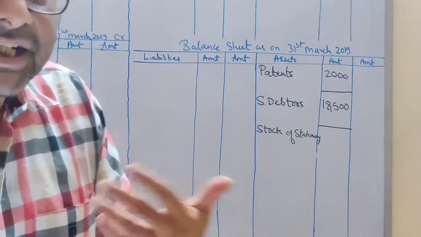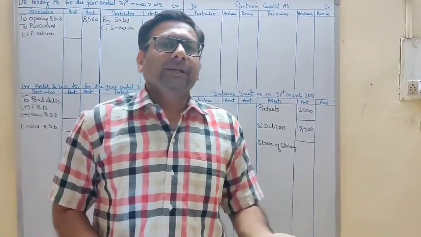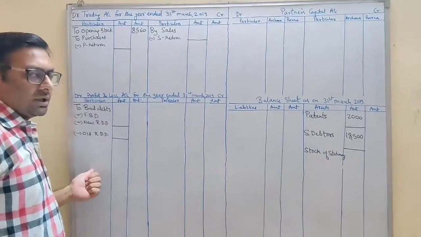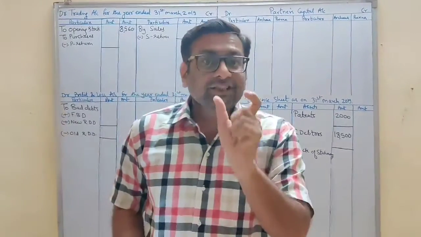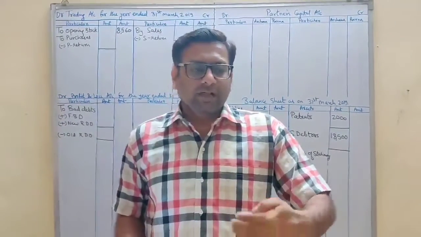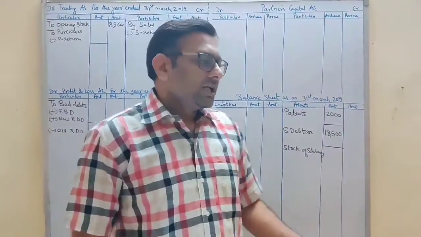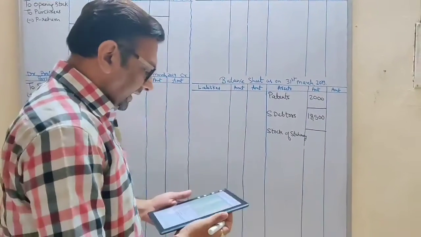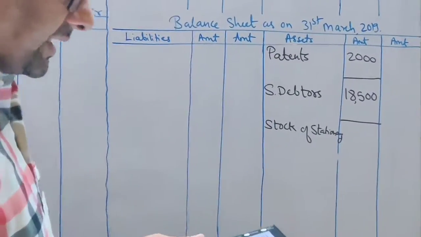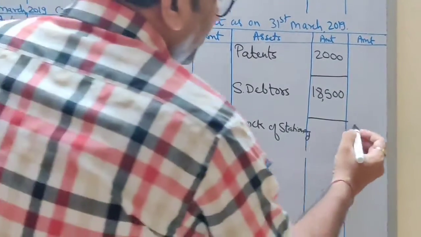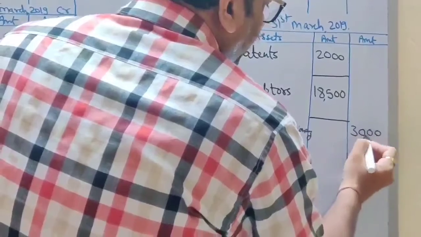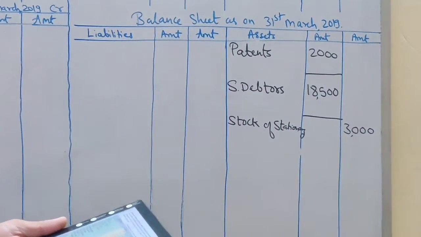If it is only stationery, it is your expense, will go in P&L account. But if they give the word stock, stock means whatever stationery is left unused, that is your asset only. So you will write it in asset side, stock of stationery, and there is no adjustment. You can write this amount in outer column, 3,000, stock of stationery.